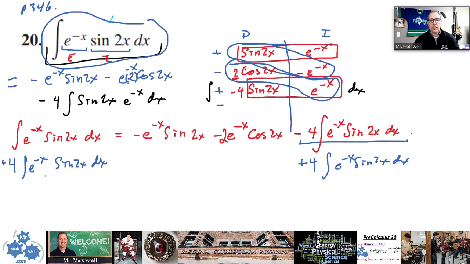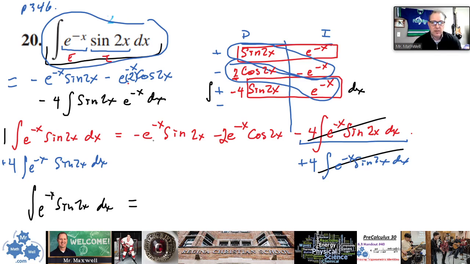We are close. We just have to divide everything by 4 now. Sorry, divide by 5 now, because this is 1 plus 4. We've got 5 of these. So now this is gone. Here's your answer: the integral of e to the negative x sine 2x dx. Do you want to factor out a negative e to the negative x?